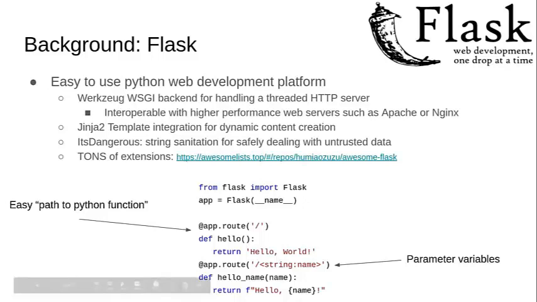When you're running a Python application on the web, Python is not really designed to handle massive amounts of traffic, but the WSGI backend enables that by setting up multiple threads for your Python and making sure that things are secure. It does that with ItsDangerous, for string sanitization. Flask is pretty nice because it's simple and has a ton of extensions.